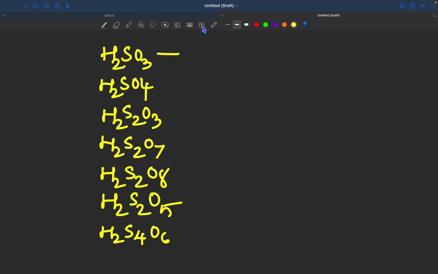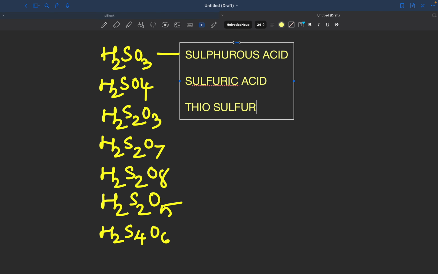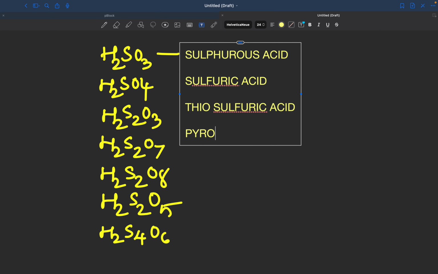Right, the names of these are: so this is sulfurous acid, this is sulfuric acid, this is thiosulfuric acid, this is pyrosulfuric acid, pyrosulfuric acid, which is also known as oleum.